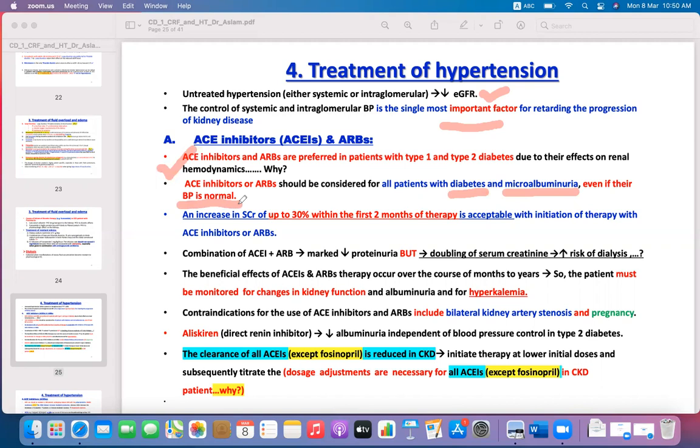So ACE inhibitors, or we can say ARBs, are most widely used if the patient has chronic kidney disease plus hypertension plus diabetes or microalbuminuria.